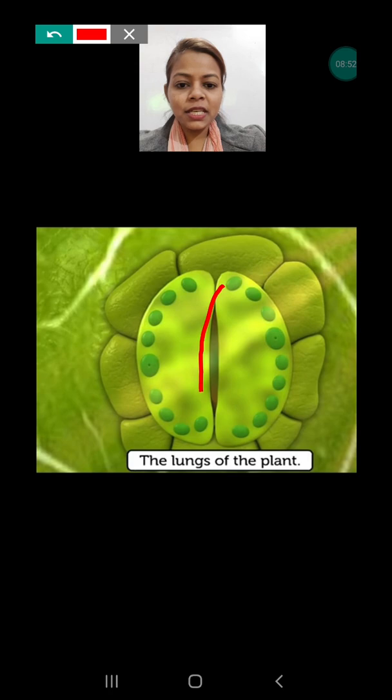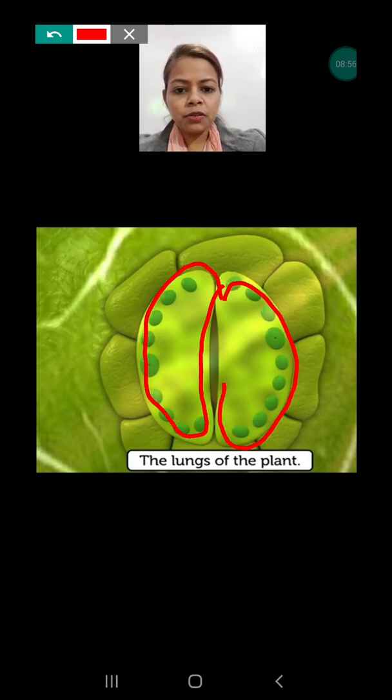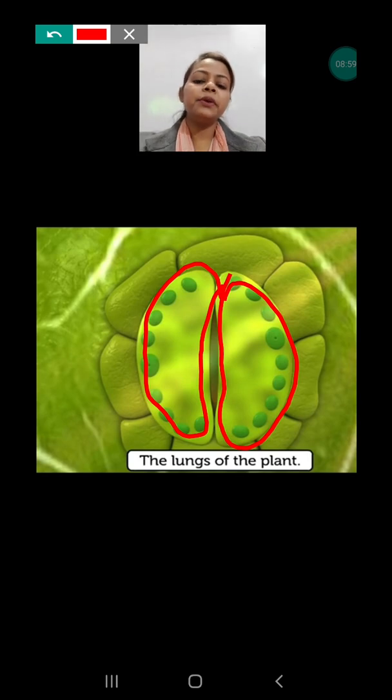If I draw this picture, you will compare this structure, and it is like kidney beans. When they are closed, they look like this. When they are open, they look like this. In between there is a hole, which opens when they have to absorb carbon dioxide or release oxygen, and the rest of the time they are closed.